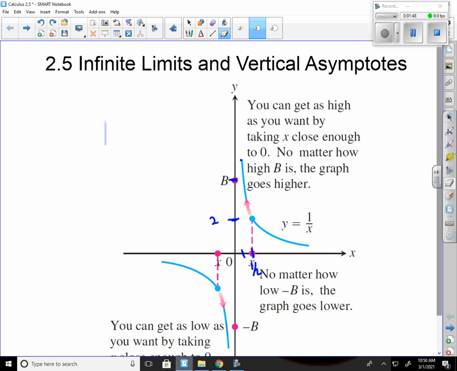So if I was looking at the limit as x approaches 0 from the right of this function, 1 over x, it would go to infinity, because it would keep going higher and higher, never stopping, until I hit 0, of course, in which case it would be undefined. But again, with limits, we're not looking at the actual point, we're looking as it gets closer to it.